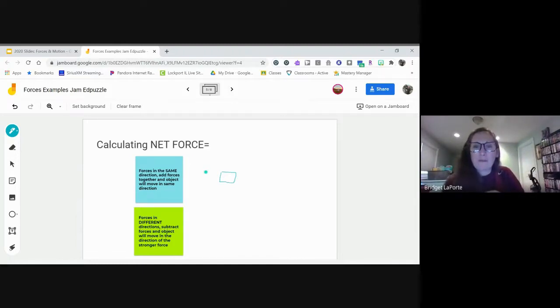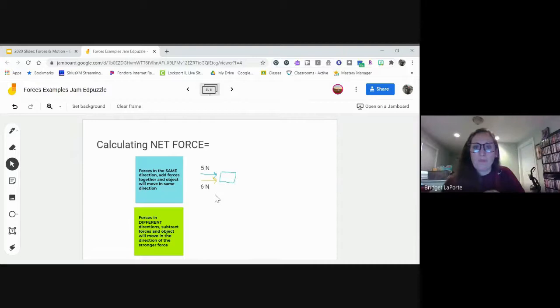So if we have this moving box that we're trying to move, maybe you are pushing on it to the right with a force of 5 newtons. Okay, and then maybe your friend, because that's really nice of your friend, is also going to come over and help you. They're also going to push on that same box in the same direction with 6 newtons of force.